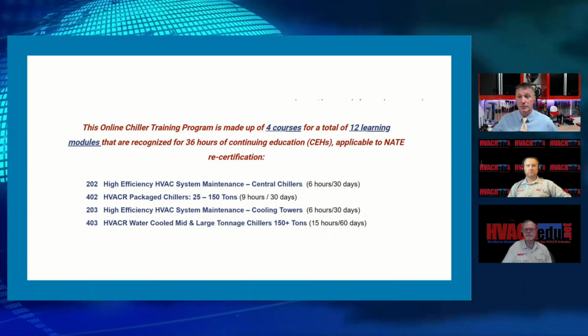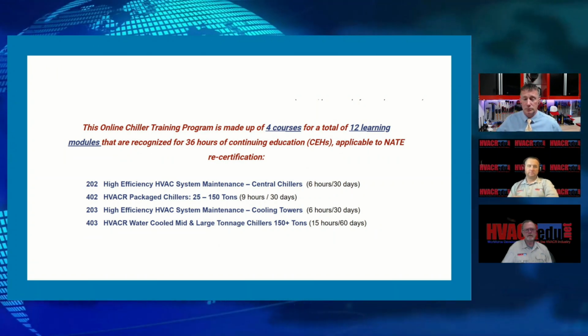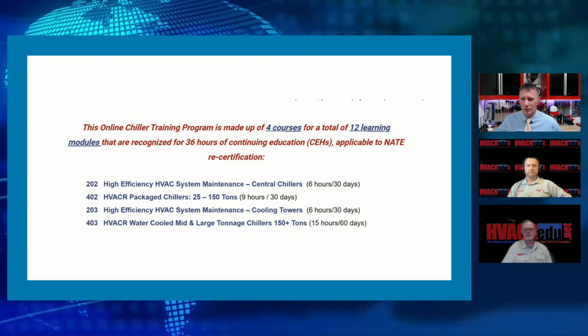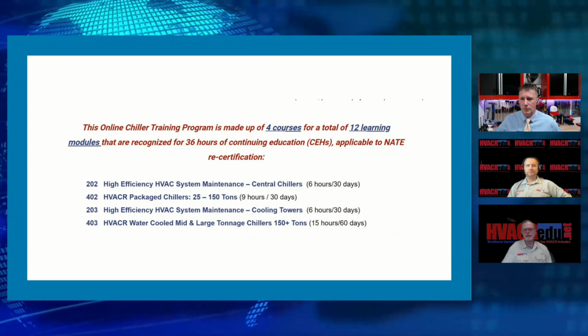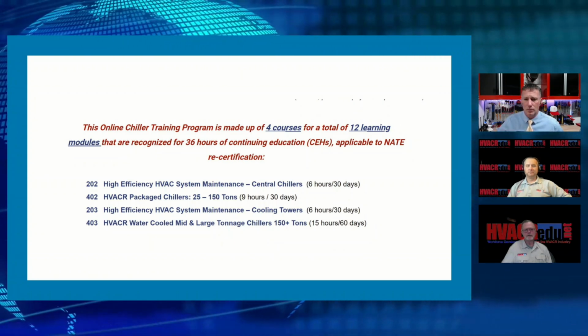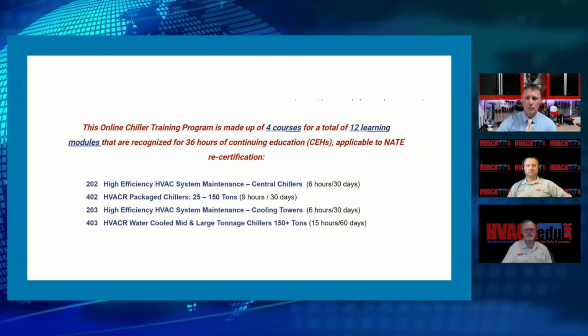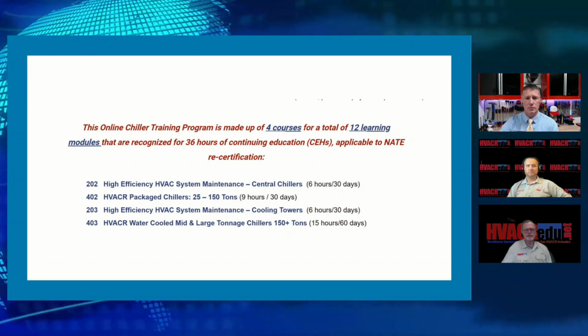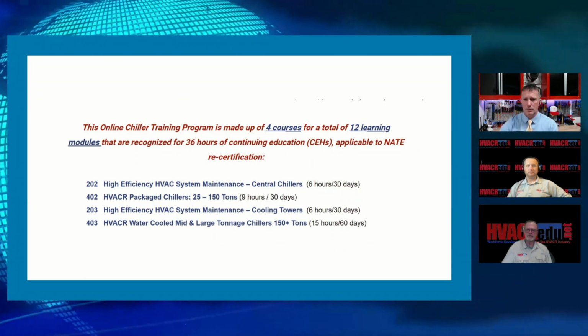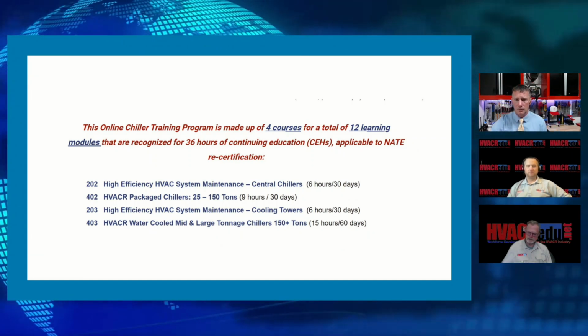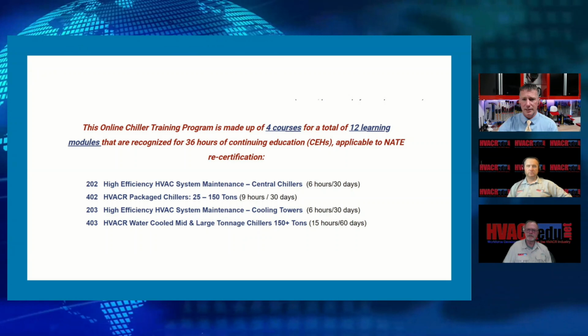And that's a lot of equipment. And then, of course, if you've got a chiller, they're usually hooked up to a cooling tower somewhere. Exactly. So we do an overview of cooling tower maintenance, and then we go into the really big stuff, 150 ton and up. And of course, you're generally talking about centrifugals. Exactly.